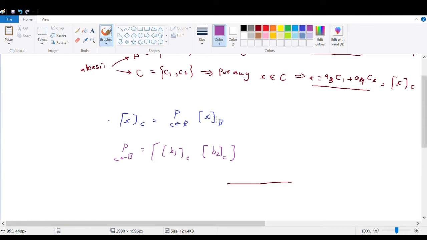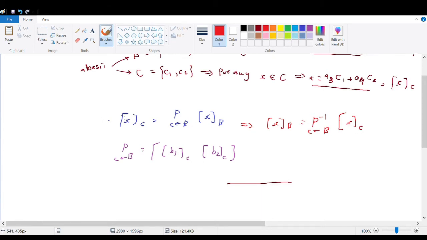And in the case where we want to find the coordinate vector of x to the basis B and we are given this one, if we multiply both sides by P inverse, this will give us P inverse of this one multiplied by x, and here we have C.